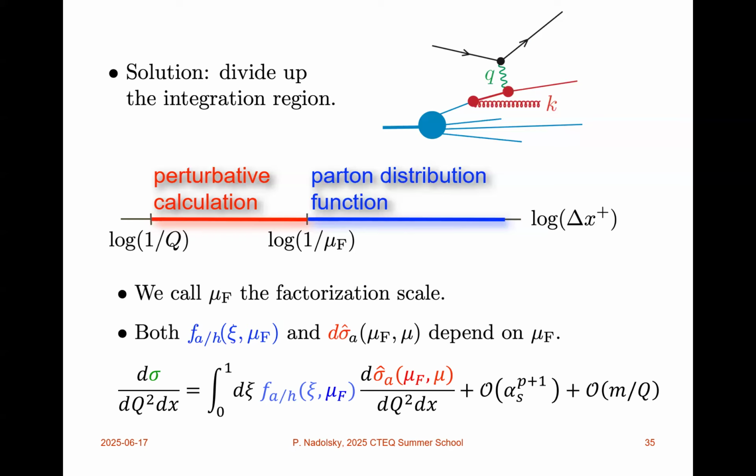It goes in the hard cross section. And the rest of the radiation is naturally assigned to the probability for finding the quark or the gluon inside the proton. So basically, we introduce a separation scale mu f that puts the part associated with the low virtuality or long wavelength radiation into the parton distribution function.